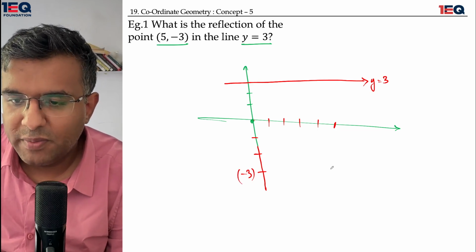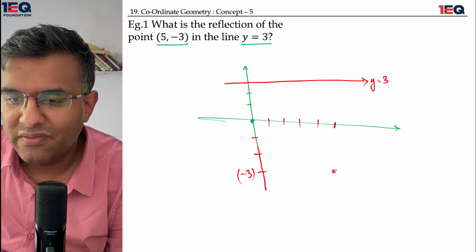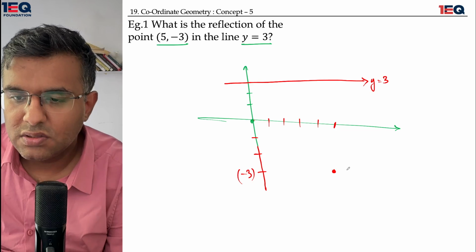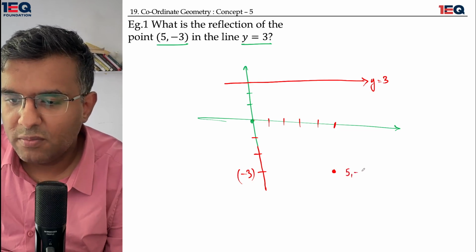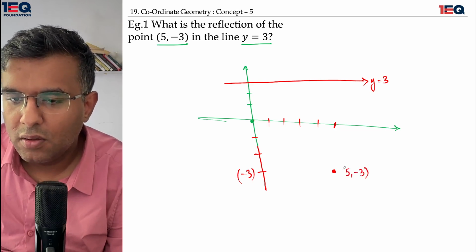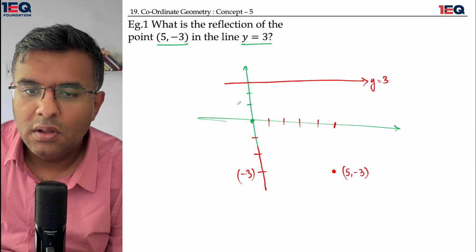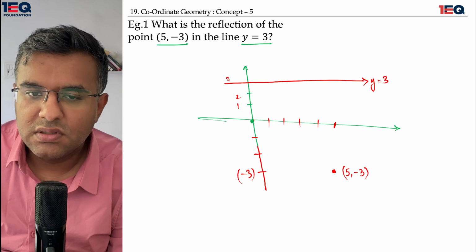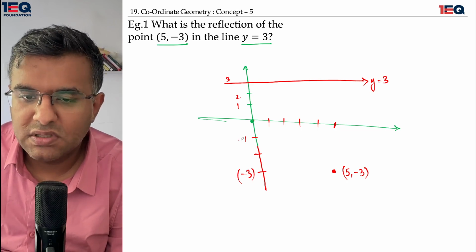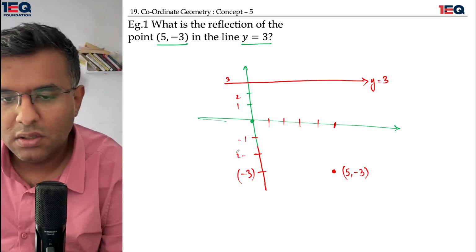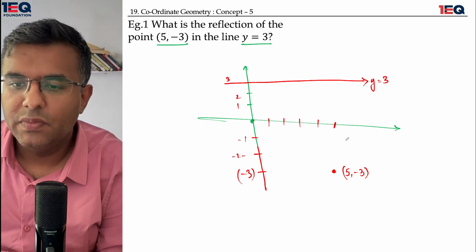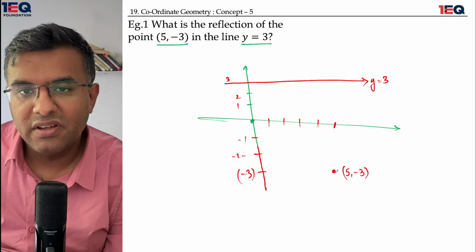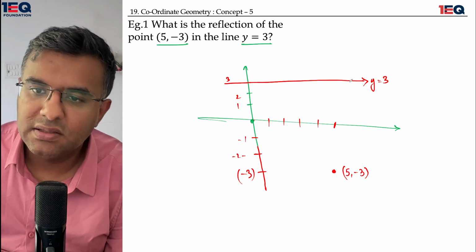So 5 comma minus 3 falls somewhere here. So this is 5 comma minus 3. This is 1, 2, 3, this is minus 1, minus 2, and minus 3. So we have to find the reflection of this point against this line.